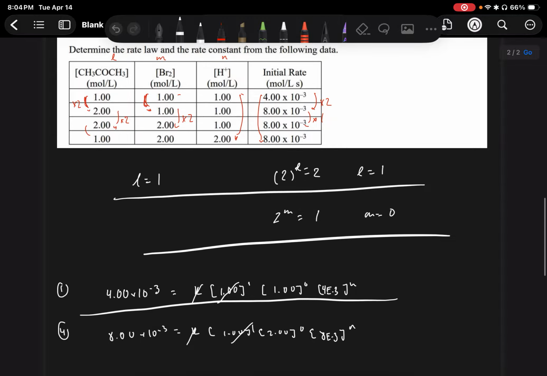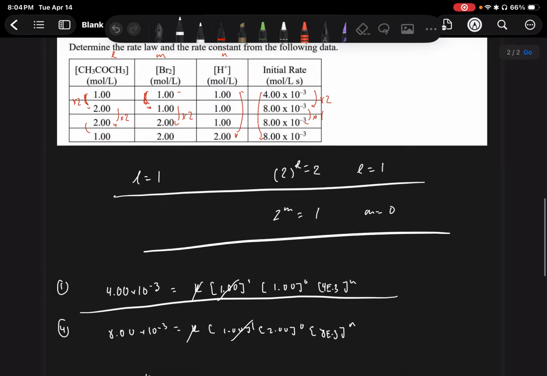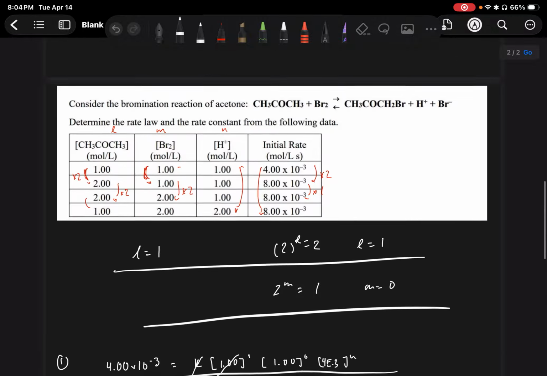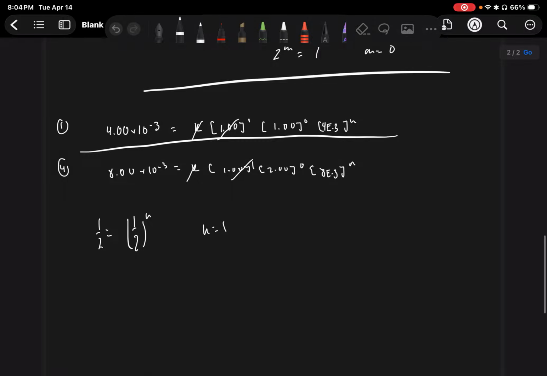Determine the rate law. What is the rate law? Oh, the rate law is just when you write it.